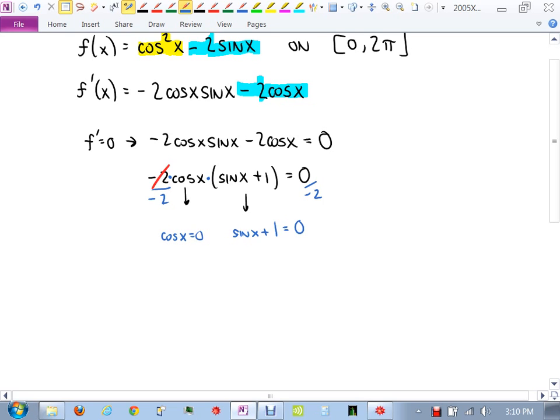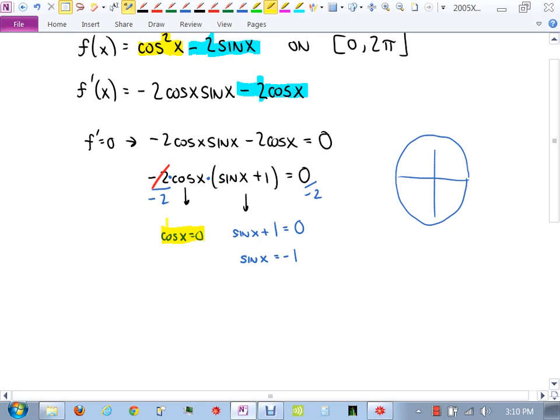So I have two equations here. Cosine x equals 0, and the other one, if I move the 1 over, sine x equals negative 1. So I have to determine when is cosine 0, and then when is sine negative 1. So I'm going to go to my unit circle. Cosine is which coordinate? X coordinate.